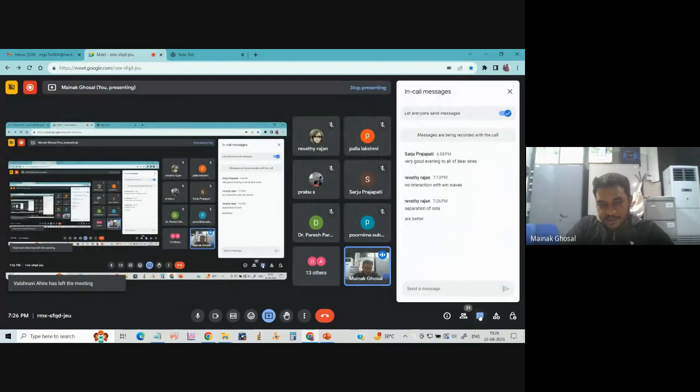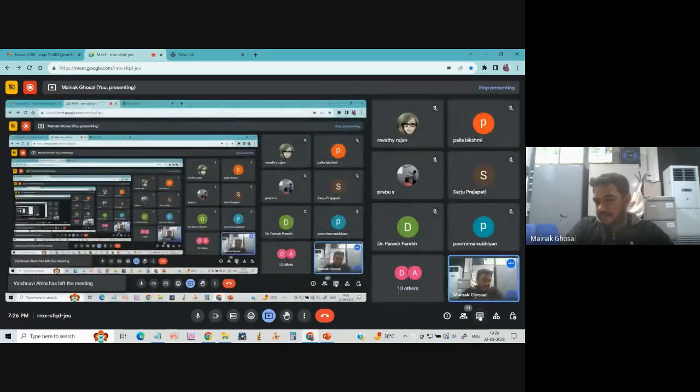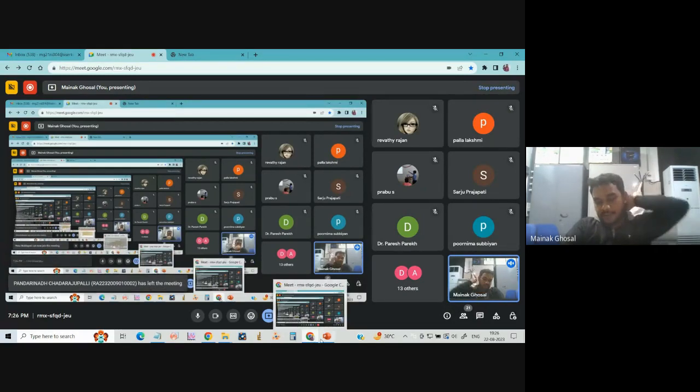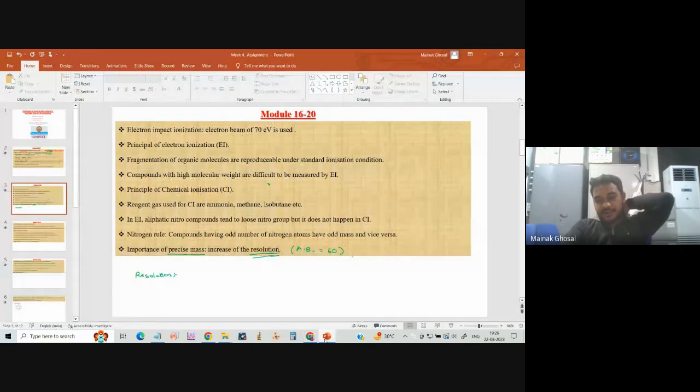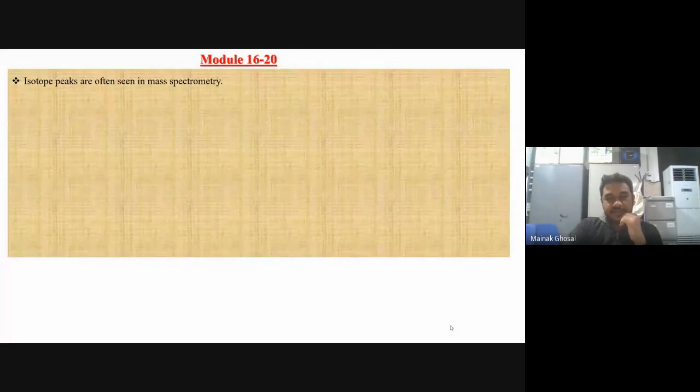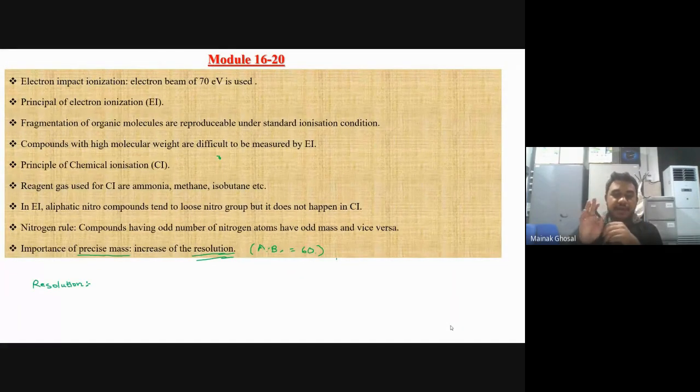Separation of ions is better. More precise way. How is separation of ions better? That I want to know. Suppose in any spectroscopy, if you talk about good resolution or a well resolved spectrum, how will you see it in general? Not here where you are using ions, but in general, how will you see it? Anybody else?